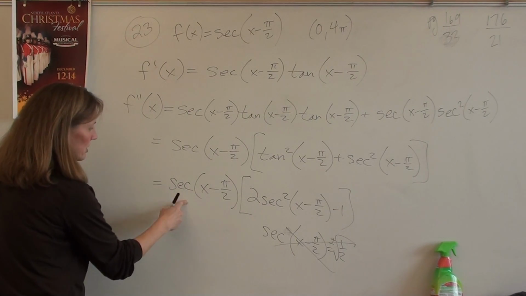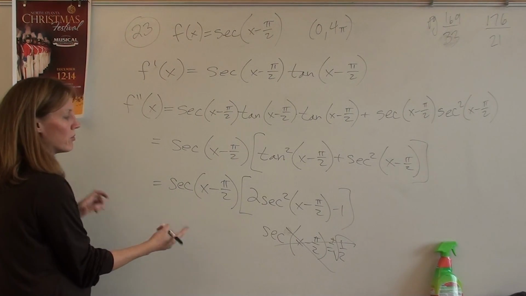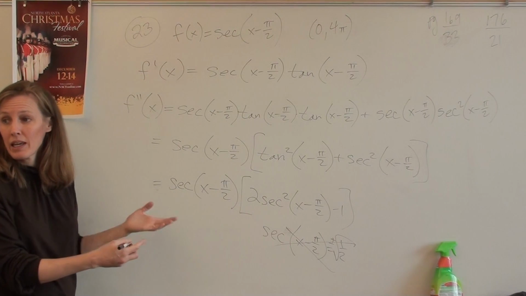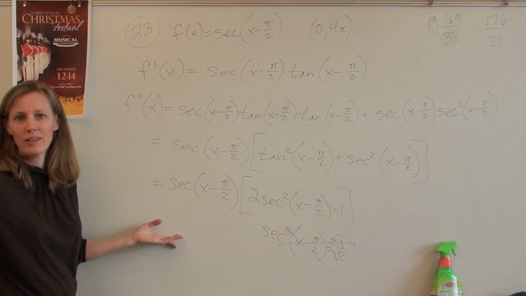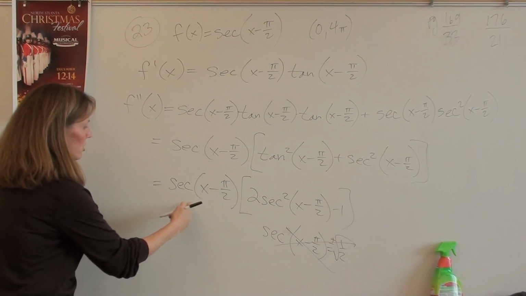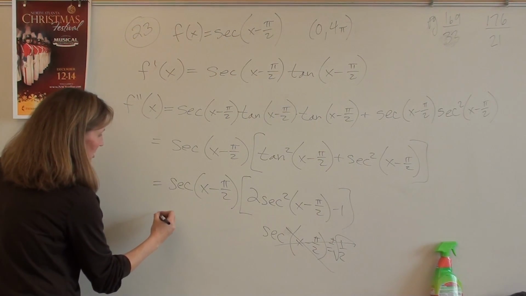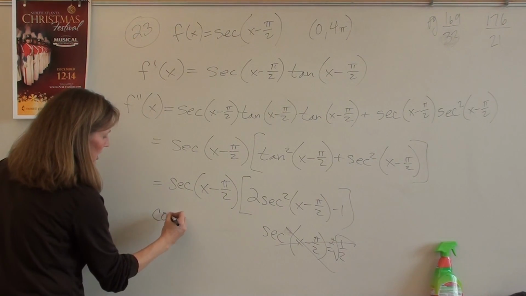For this one, if you set secant equal to 0, secant is never 0, but it can be undefined. It's undefined wherever cosine is 0.